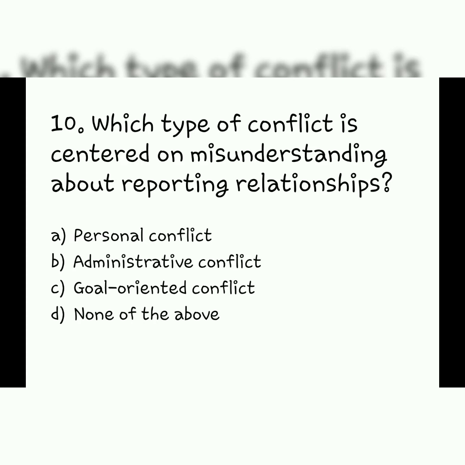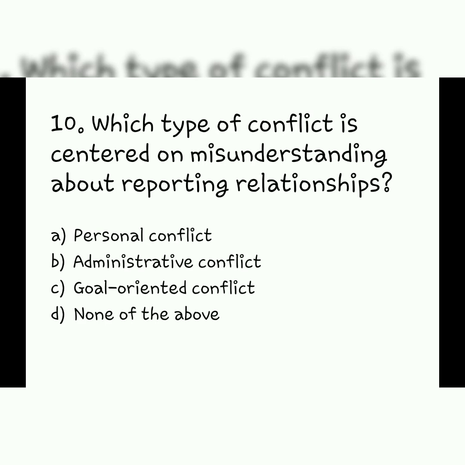Is it personal conflict, administrative conflict, goal-oriented conflict, or none of the above? The answer is administrative conflict. It's about who we should report to. It's about the administration. So the answer is B.